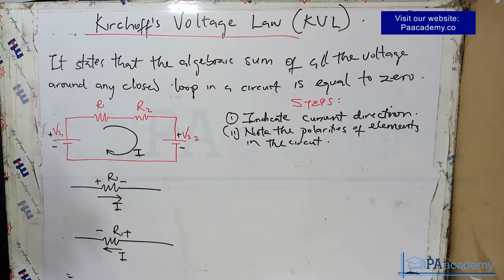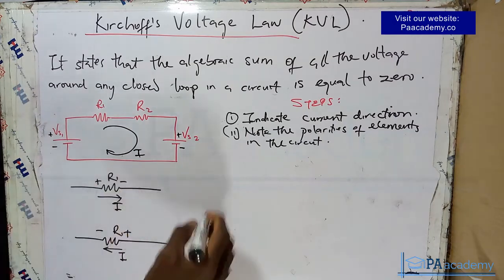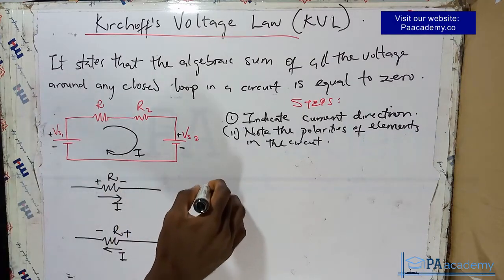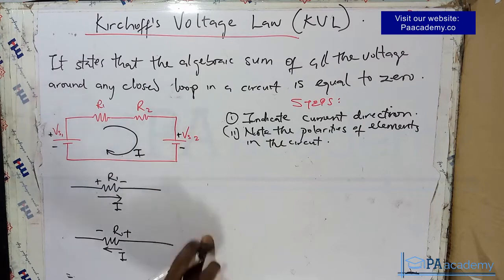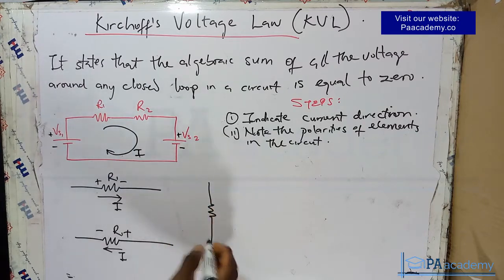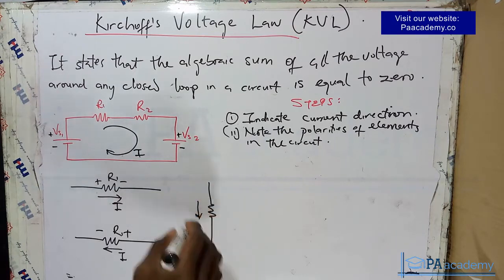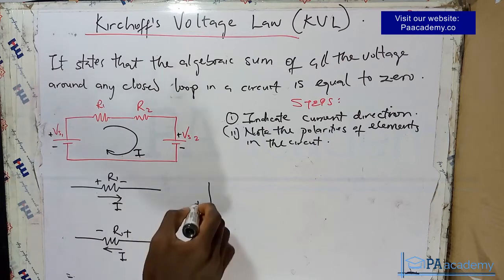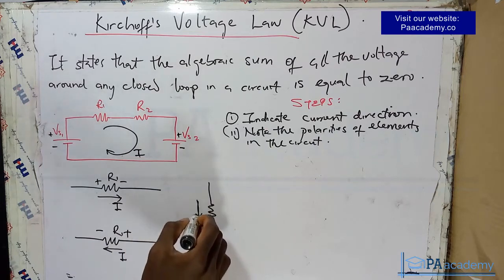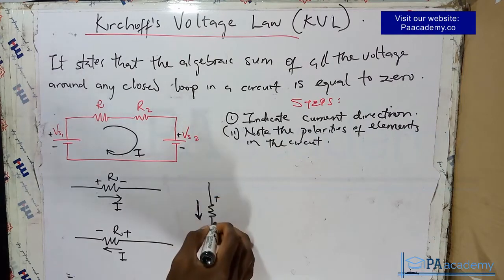Whichever way it wants to appear, if it is horizontal like this, or even if it is vertical, if you have your elements in the vertical way like this, and then you have your currents moving in this direction, maybe clockwise, then once it is coming down, it is going to be from positive to negative.